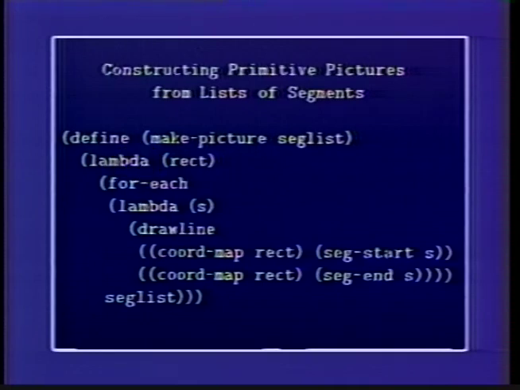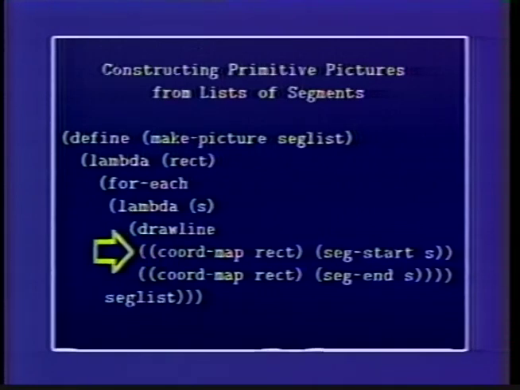What does it do? For each segment S in this list of segments, it draws a line. What line does it draw? It gets the start point of that segment, and transforms that by the coordinate map of the rectangle.